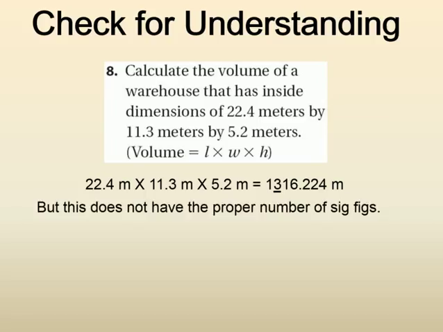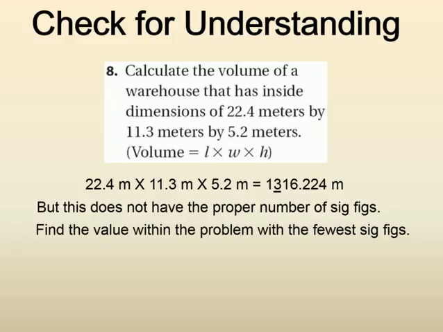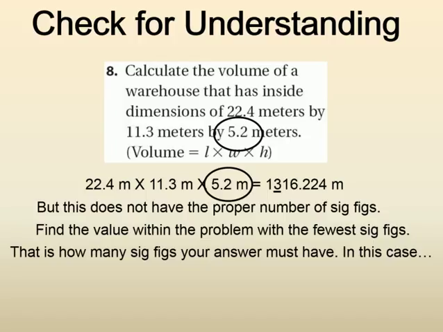They don't have the proper number of significant figures. We need to find the value within the problem with the fewest significant figures, and I see it here: 5.2. That only has two significant figures. So that's how many significant figures your answer must have. In this case, that's 2. So the way you're going to report your answer is 1,300 meters.